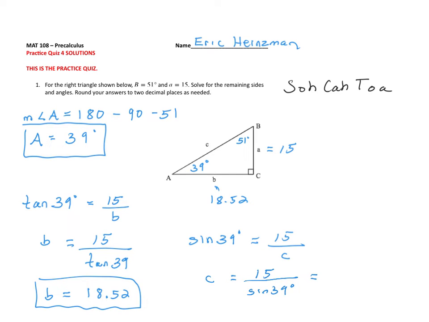Again, I'm going to do this in my calculator, which is already set up in degree mode. 15 divided by sine of 39 is 23.84. And that is C. I'll even write it up here too. 23.84. So there we have it. We know all the angles of this triangle as well as the lengths of all the sides. You can say that we actually solved this triangle.